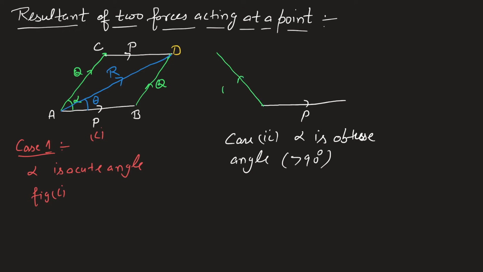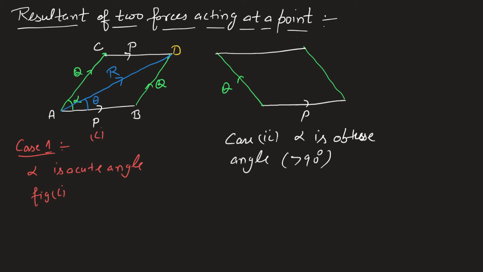This is force Q. Now complete the parallelogram, and this is parallel to this one. This is extra, so I am going to rub it. So we have removed that extra portion.